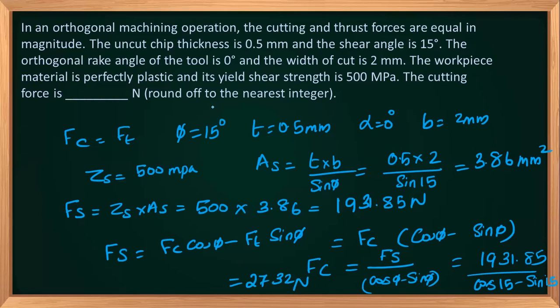The 0.04 we can ignore, so rounded to the nearest integer, it is 2732.